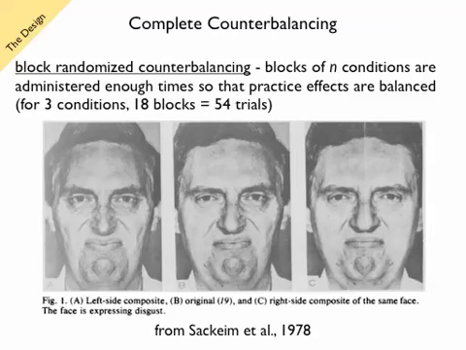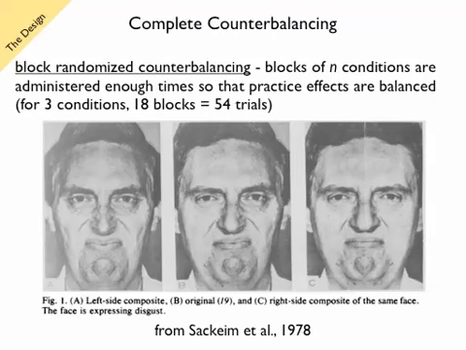And we're interested in determining whether one side of the face is, on average, more expressive than the other. So in the slide you see picture B. This is the original photograph, and this was a lot more difficult to do before Photoshop, but what they've done here is they've flipped it to make C, they've taken only the right side of this man's face, and they've mirror imaged it on the other side.